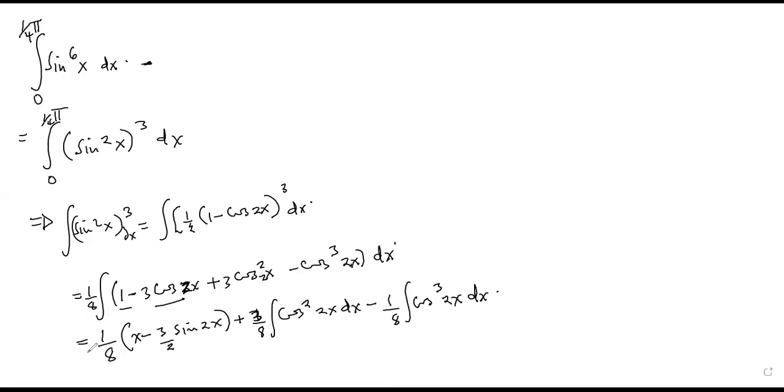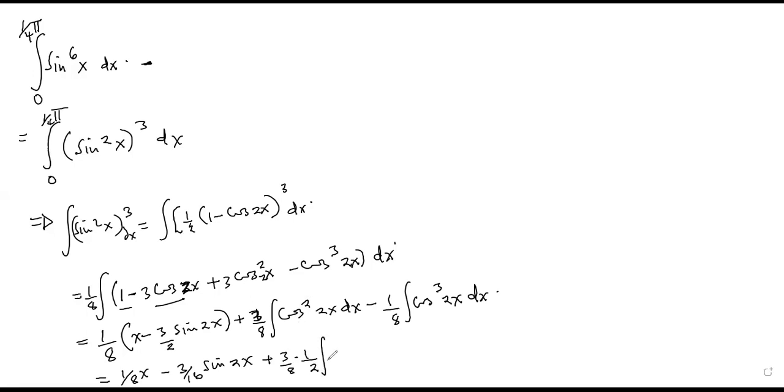When you expand this, or when you work on this, it is going to be 1 over 8 x minus 3 over 16 sine 2x plus 3 over 8 times a half, because I have to convert this to a half to double angles.